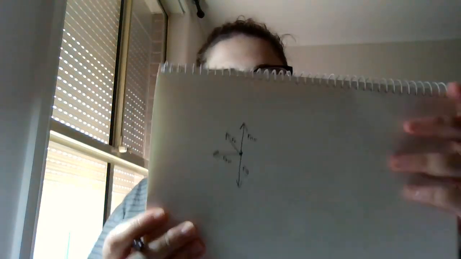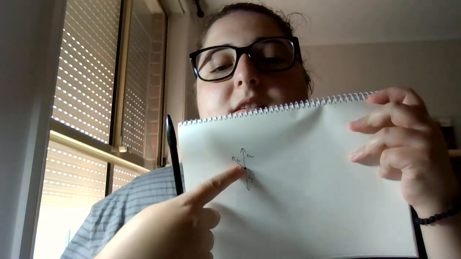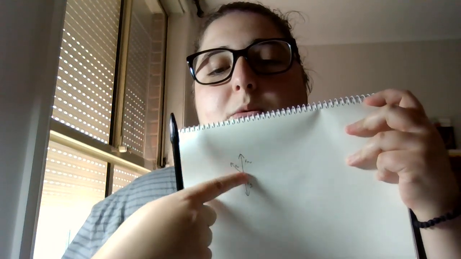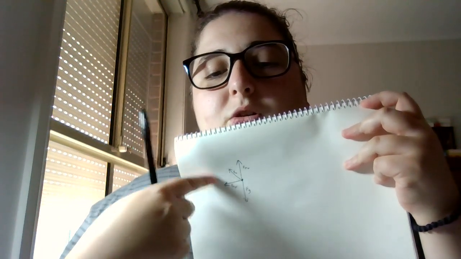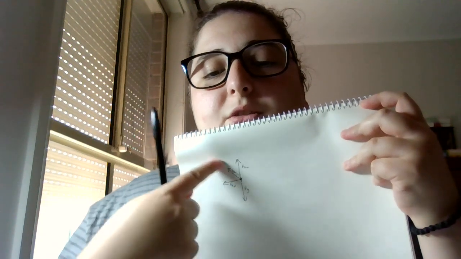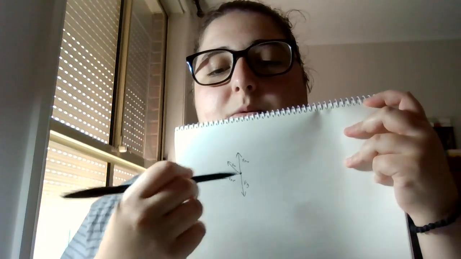Alright, that's your force. Gravity, force of the normal, normal horizontal, normal vertical, and force of the normal as a resultant. So when you draw your diagrams: gravity, normal force as a vertical component, normal force as a horizontal component, and then the normal force coming out between the two.